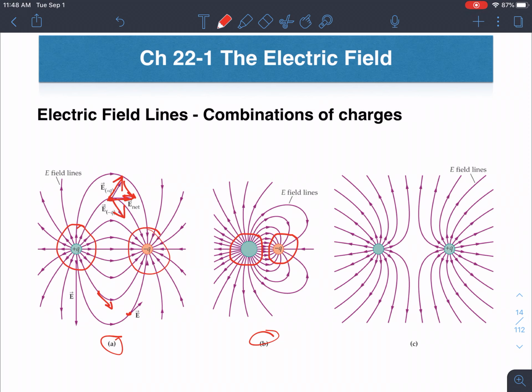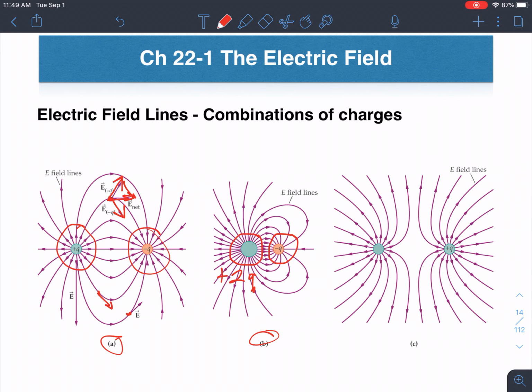So if it is double, then this should be 2Q, because Q has half of the number of lines, okay? And how do we figure out the sign of that charge? Looking at the electric field direction, it is radially outward, it's away from it, so we know that this is a positive 2Q. Okay, so it's like a puzzle, and you're finding out the missing piece, looking at the electric field lines, of course.